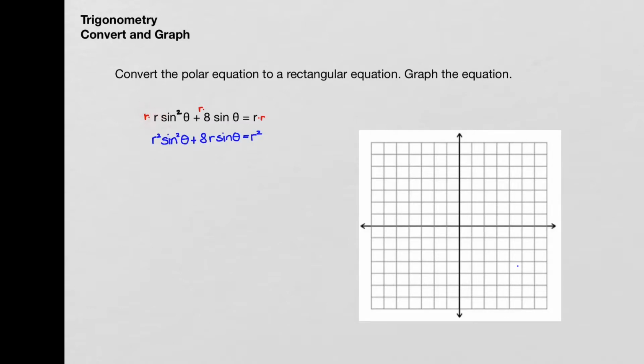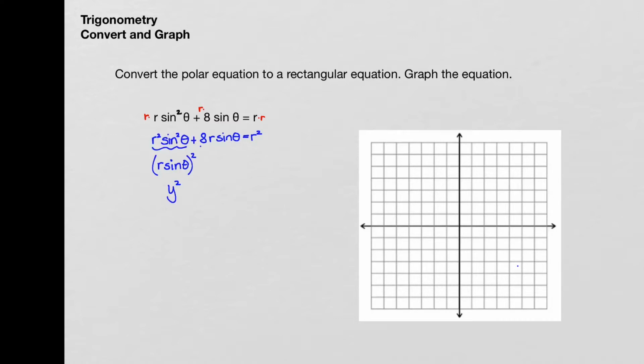So I've multiplied every term by r, and that gives me r squared sine squared theta plus 8r sine theta equals r squared. Now I'm ready to actually convert this to rectangular coordinates. As I said, r squared sine squared theta is really just r times sine theta quantity squared, and so that gives me y squared.